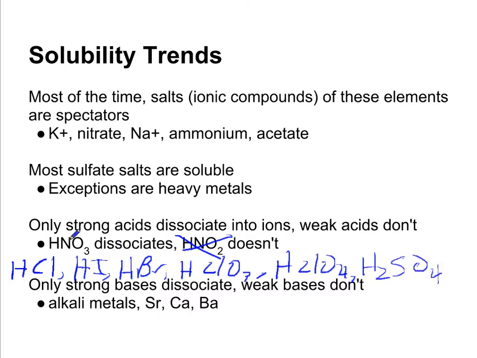Those 7 acids will 100% of the time dissociate into a hydrogen ion and whatever the anion is. All other acids are weak acids. They're not going to dissociate. You're going to leave things like HNO2 together.